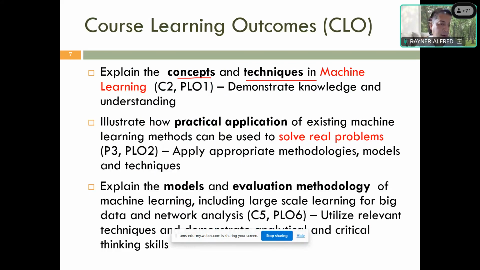At the same time, you must also be able to go over the hands-on practical so that you can use these machine learning methods to solve real-world problems. And the third one is not only understanding, but you're able to explain the model and evaluate which model is best for your task. So this will be tested.